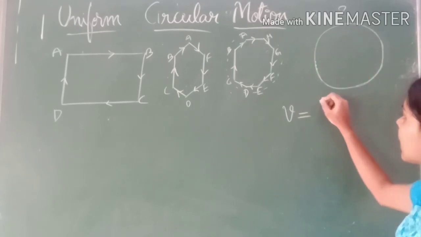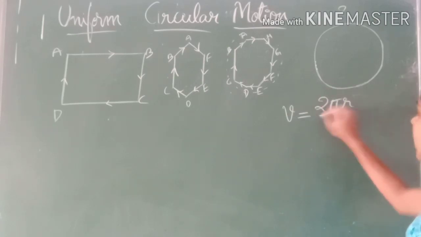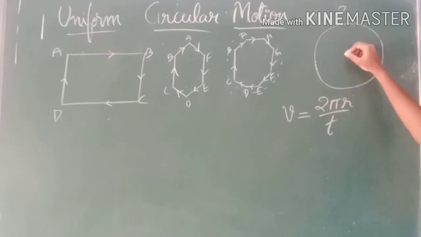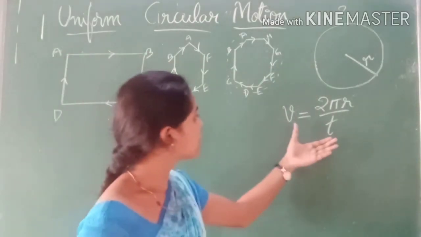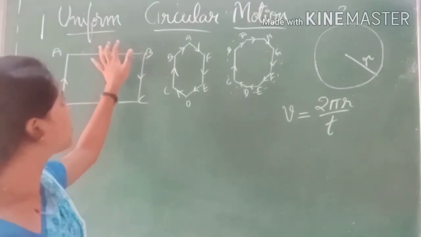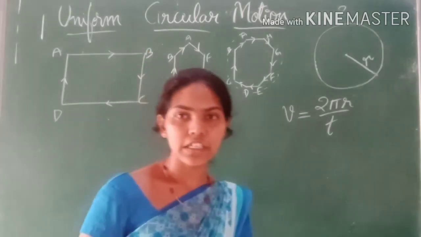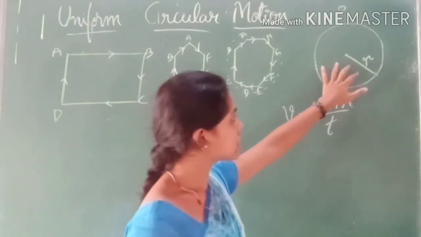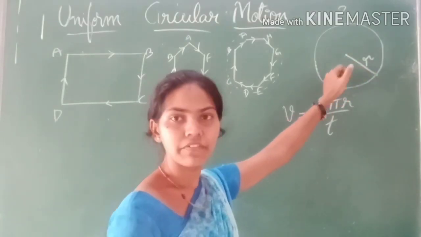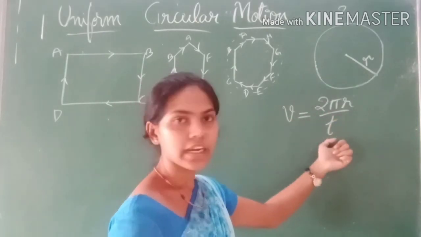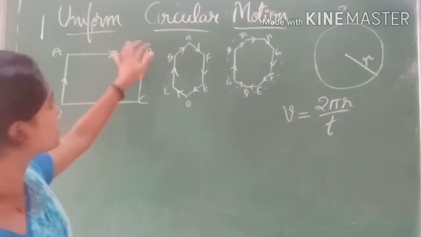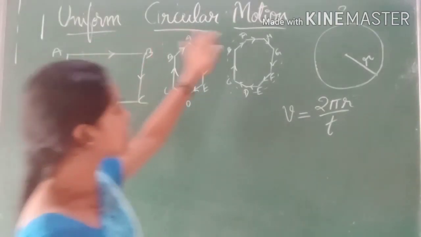The velocity will become 2 pi r divided by t, where r is the radius of the circle and t is the time taken to cover the circle. So the circular path is an example of uniformly accelerated motion, and this is nothing but uniform circular motion.